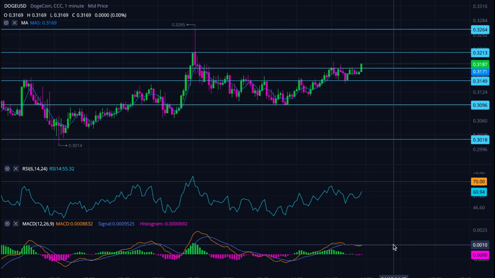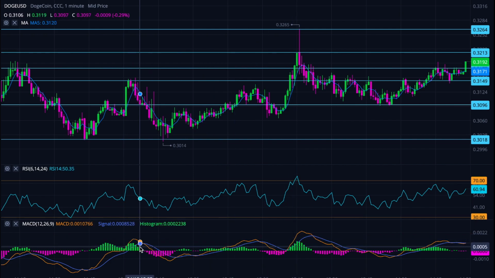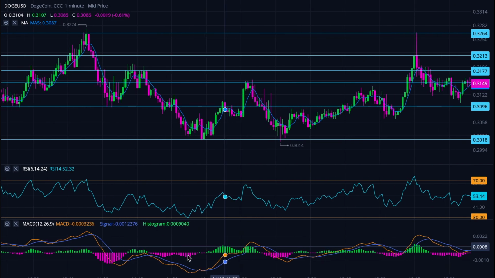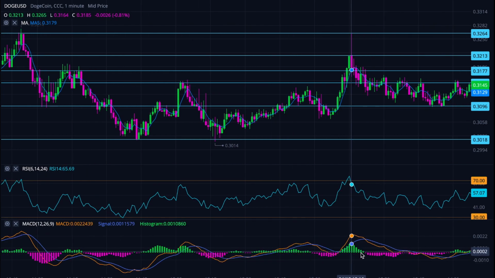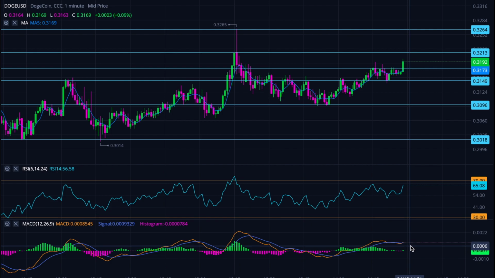Are we generally looking bearish here? That's where I feel like the MACD is the most helpful, to get your context. Here's where it was more bearish, and then it died down, and then it tried to come back, and now it's really dying down on the bear side, and the bulls are trying to pick up, and there's some more bullish sentiment here. So that's where it's been most helpful for me.